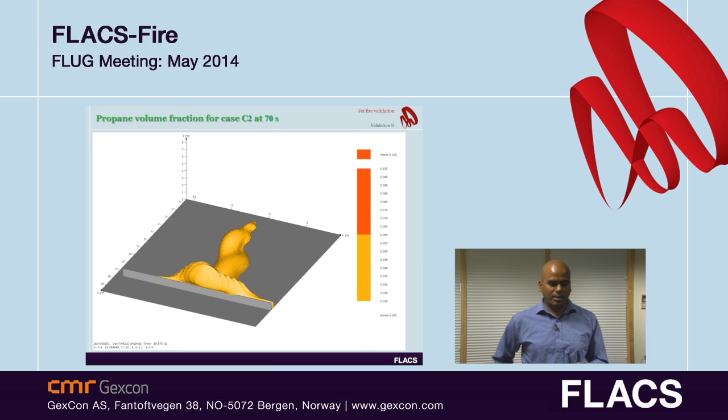And this is the case C2, where an obstruction is placed about 14 meters from the leak location. Here we can see this obstruction blocks the propane from moving further downstream.